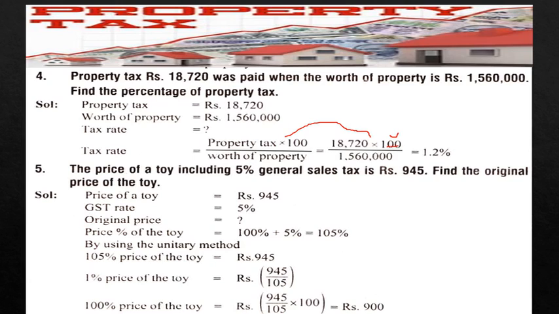Now there are two methods you can use. Multiply first of all these numerator values and then divide, or our short method: two zeros will be cancelled with these two zeros, this one zero you can cancel with this, and now it will be easy for us to simplify, and after simplification our answer is 1.2%.